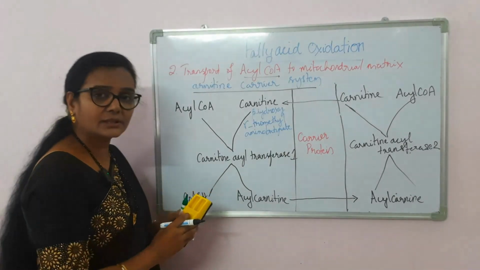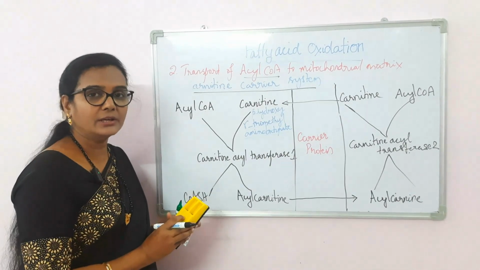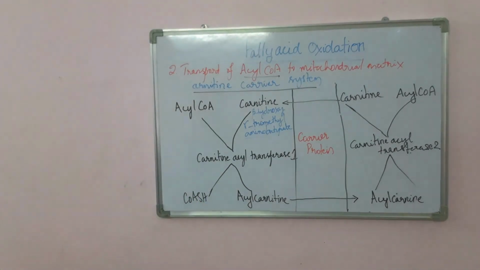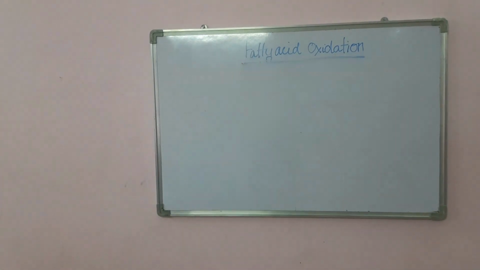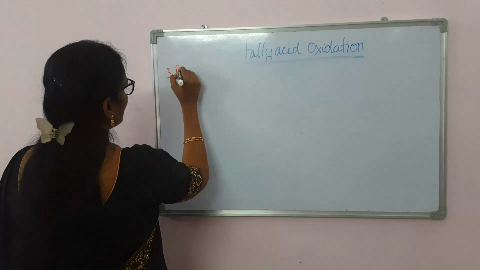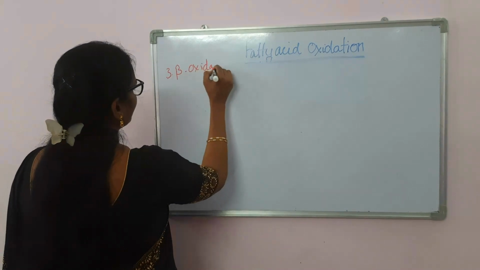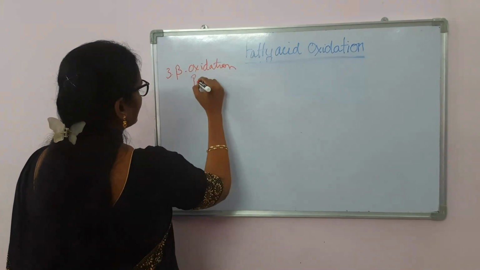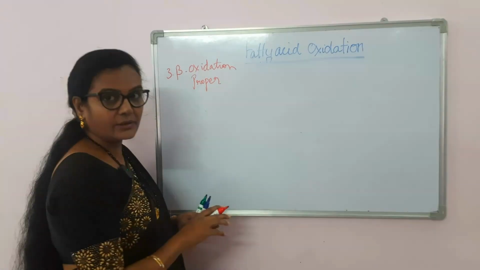Now we will see the third step, that is beta oxidation proper. This is beta oxidation proper. It takes place in 4 steps.